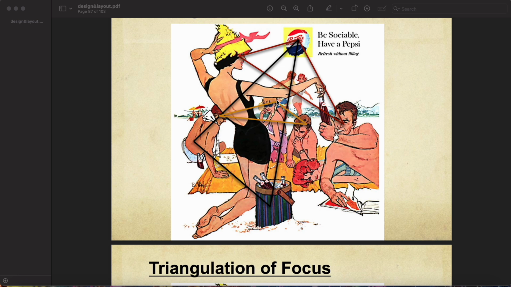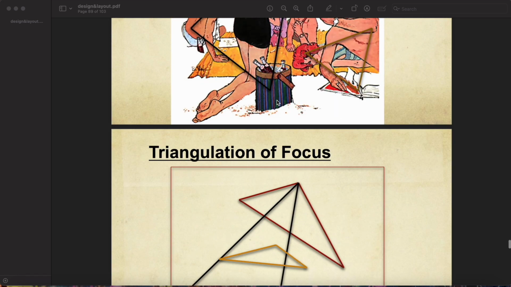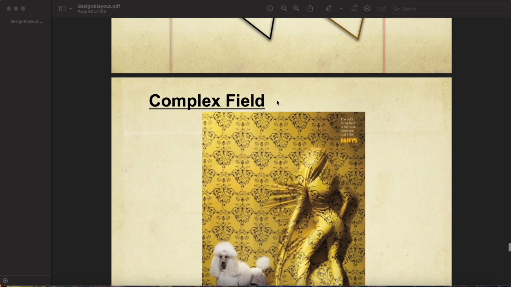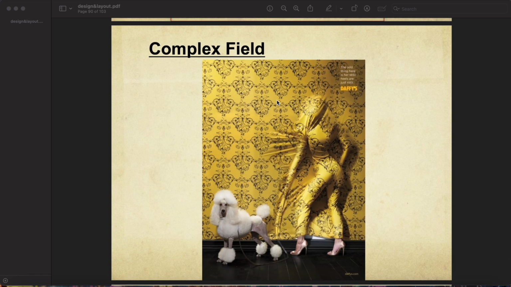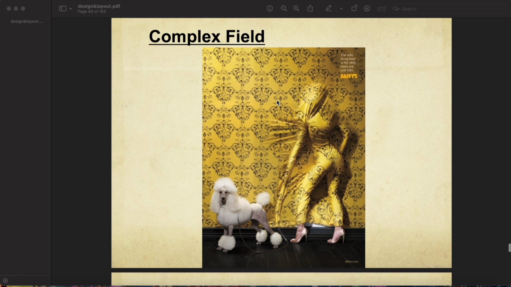So there's three separate and intentional triangulations of focus to not only increase the interest of the composition, but also get your eyes to move where the artist wants your eyes to move. There's a lot of power in intentionally creating these designs where we're intentionally moving our audience's eyes through the composition. This is a complex field.